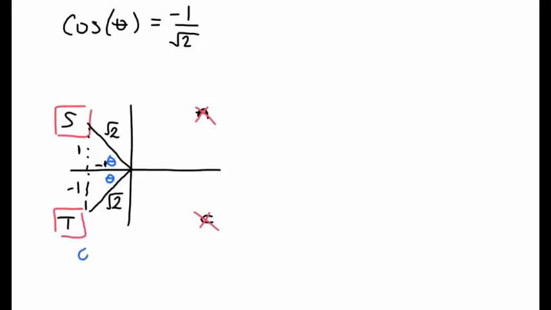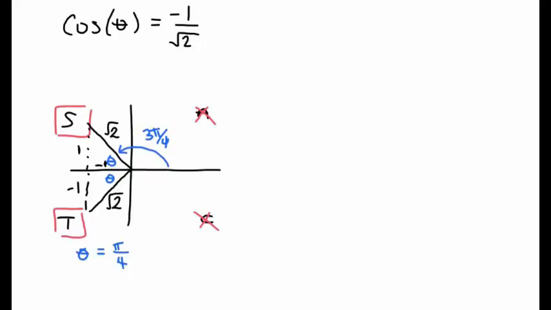So that means that our reference angle here is pi by 4. So let's use our reference angle to figure out these two angles on 0 to 2 pi. So our first angle of interest is this one here. This is 4 pi by 4 minus 1 pi by 4. So that is 3 pi by 4.